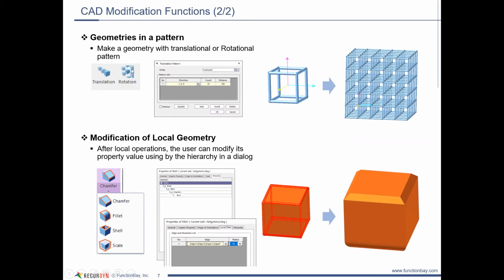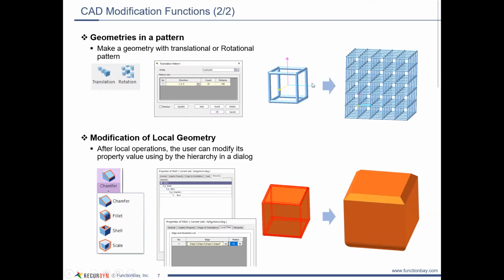Then with rotational patterning, you can basically pattern the geometry around an arc. Depending on the models that you may be building up, this might be quite efficient to be able to quickly create a set of entities that follow some kind of rotational or translational pattern.